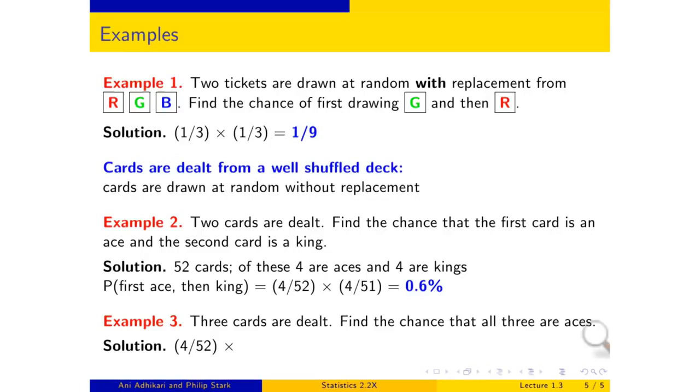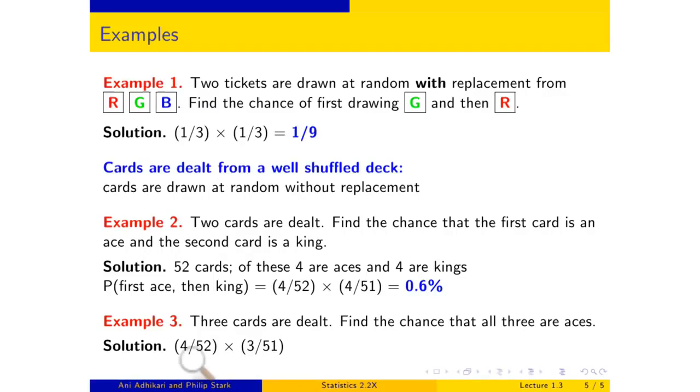By the conditional chance that the second card is an ace, given that the first one was. Well, the first one has been taken out of the deck, so now there are 51 cards left. And how many are aces? 3, that's right, because you've lost an ace the first time. This 3 in 51 is the conditional chance that the second card is an ace, given that the first one was an ace.